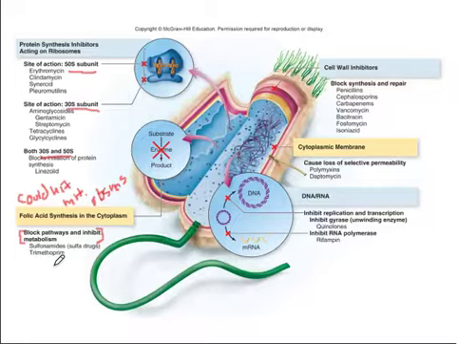Okay, now you might say, well, what about our cells? What about our folate? Well, how do we get our folate? We eat it. It's in our diet. These guys have to make it in large part in order to function. And they have unique enzymes that we don't have that produce the folate.